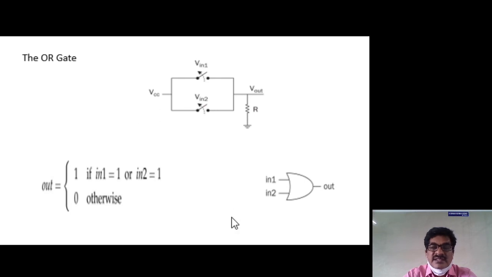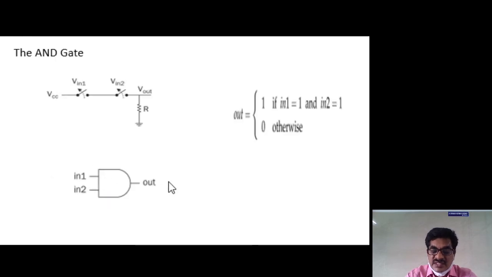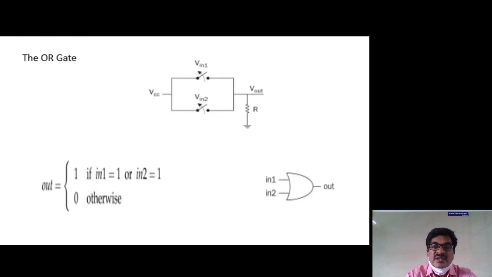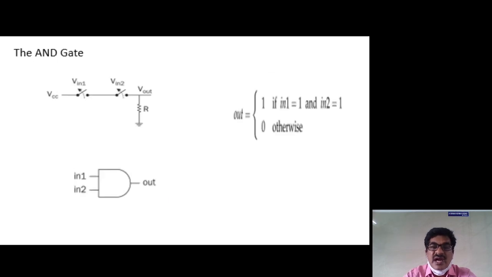So the action can be represented as: the output is 1 if either input is 1, otherwise it is 0. Then coming to the realization of the AND gate.